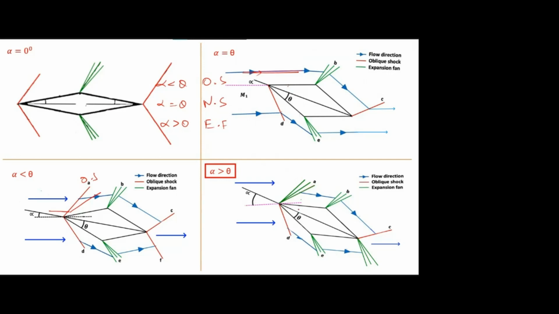If alpha is greater than theta, then the wall is deflected downward, like empty space, so flow gets deflected and accelerated, turned away from itself, so we get an expansion fan. So this is the short form: less than, equal to, greater than; oblique shock, no shock, expansion. From this, as a first step, you can verify your result. Is that clear?